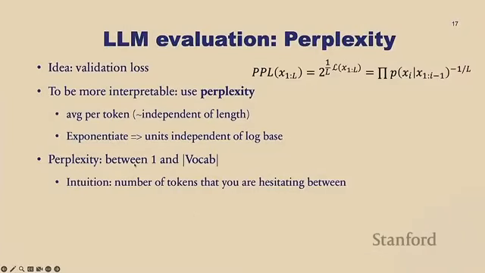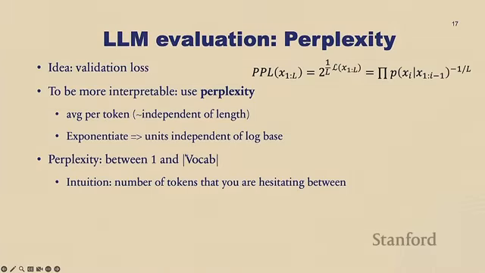If you predict every word perfectly, then every word will have a probability of one, so the best perplexity you can have is 1. If you really have no idea, you predict with 1 divided by the size of the vocabulary, and with simple math you get a perplexity of the size of the vocabulary.